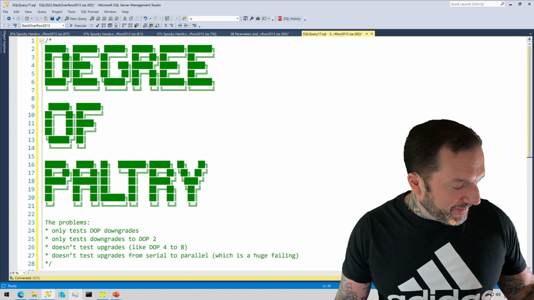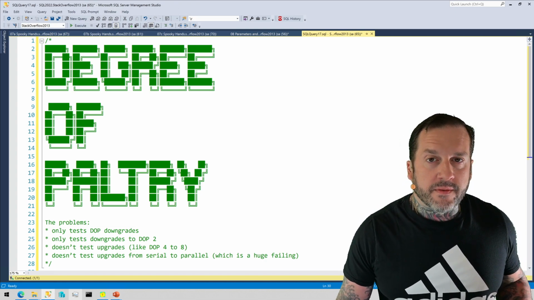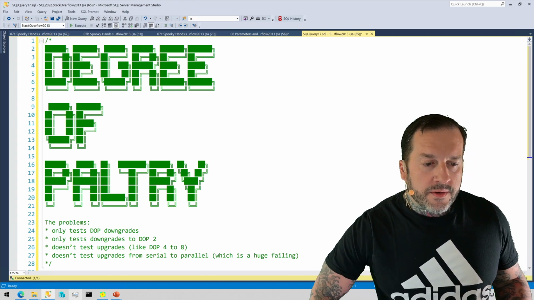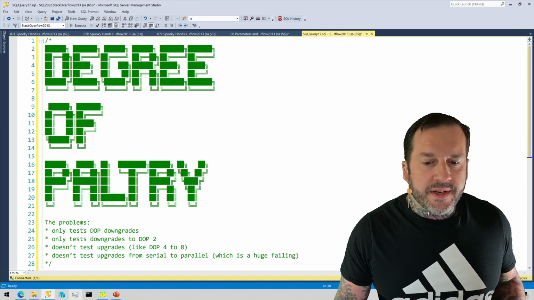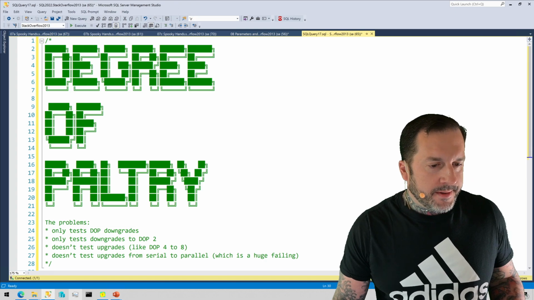Anyway, I'm here to talk a little bit about I think a really disappointing feature in SQL Server 2022, and that is the degree of parallelism feedback.